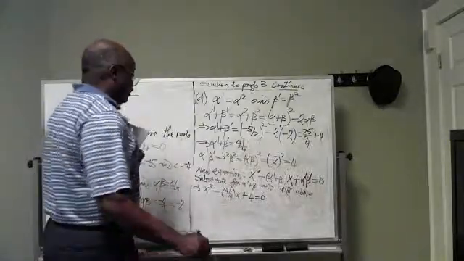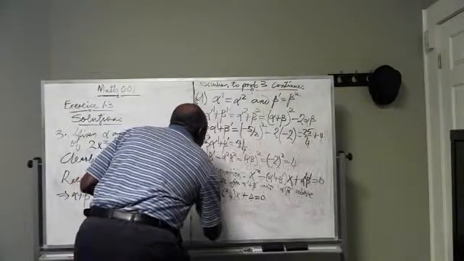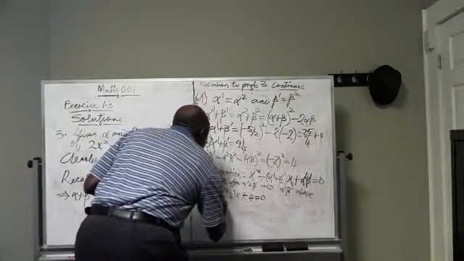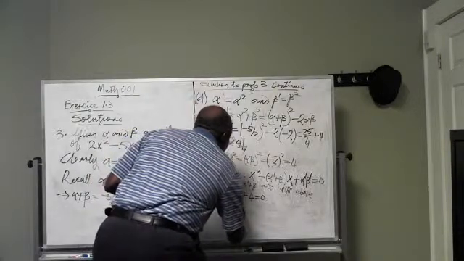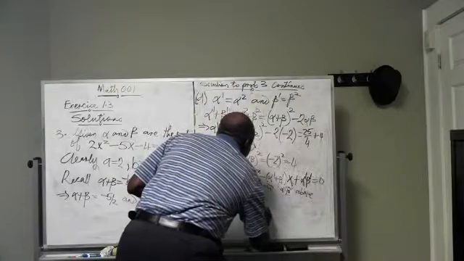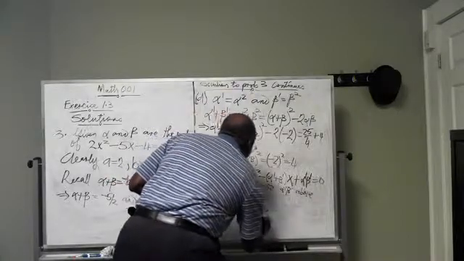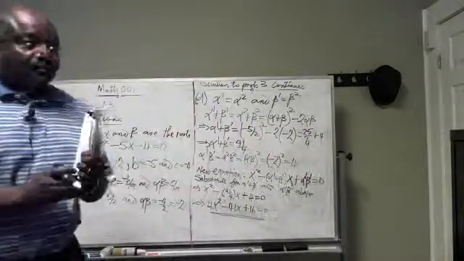So if we further simplify, we'll have 4x squared minus 41x plus 16 equals 0. And that is our new equation.